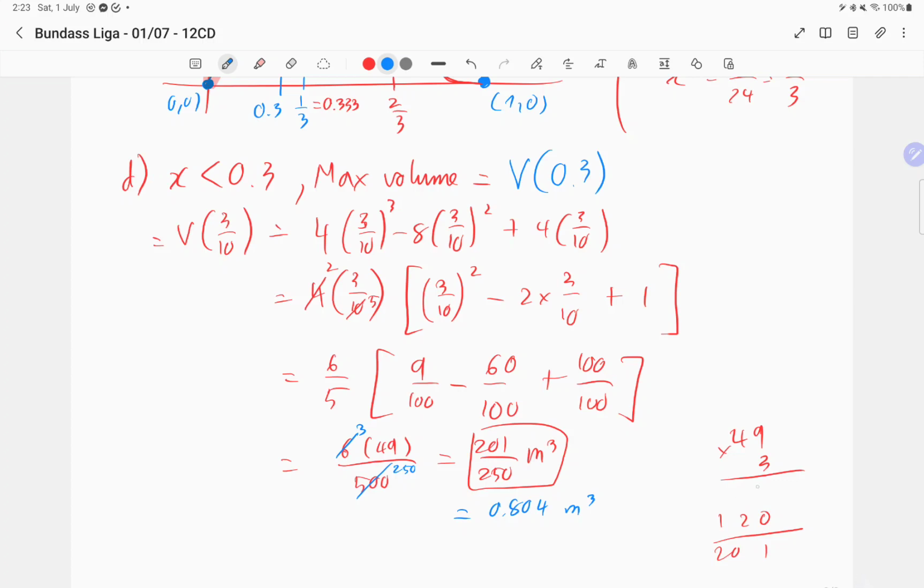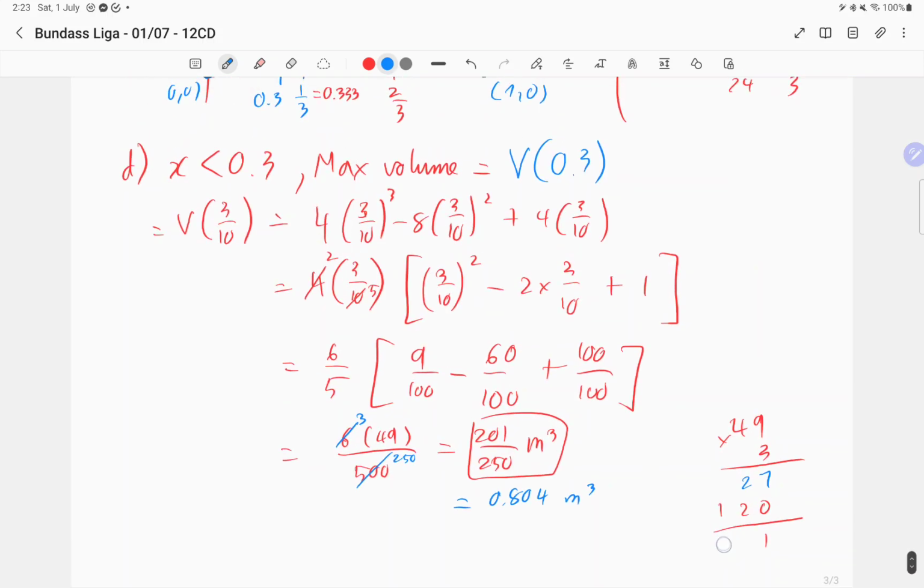Oh, it's 27. Been doing too many math, losing my mind here. Right, that's 147 over 350. Sorry, over 250. So convert that back to decimal, times it by 4. Yeah, so 0.588 cubic meter.